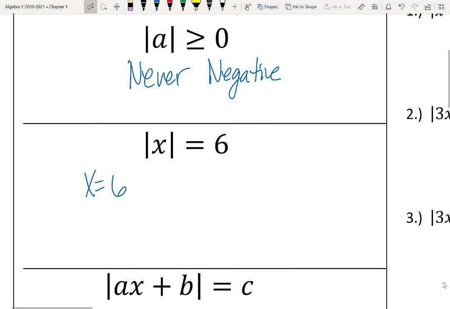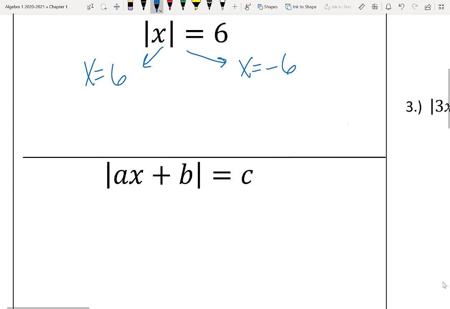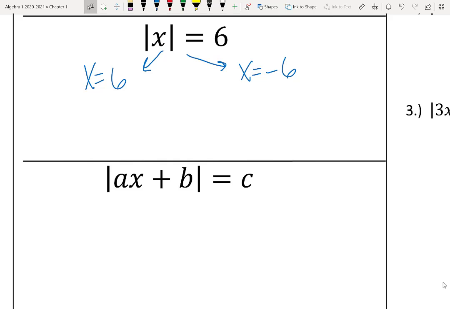But like we talked about before, we also have this other possibility where if I let my x value be -6, when I run that through my absolute value, I also get positive 6. So we're going to be getting two solutions for most of our absolute value problems. So we have to make sure we account for both of those two options.